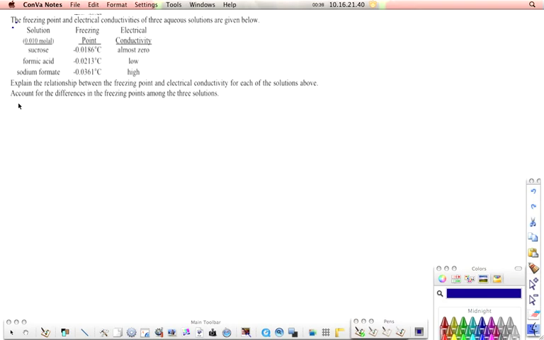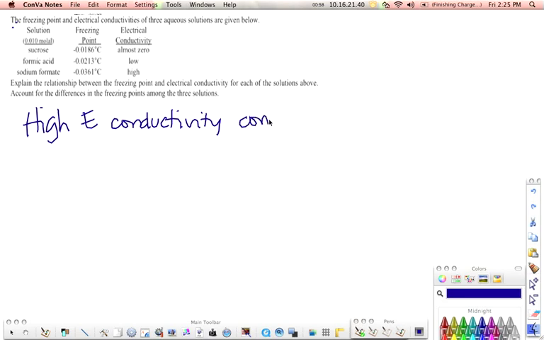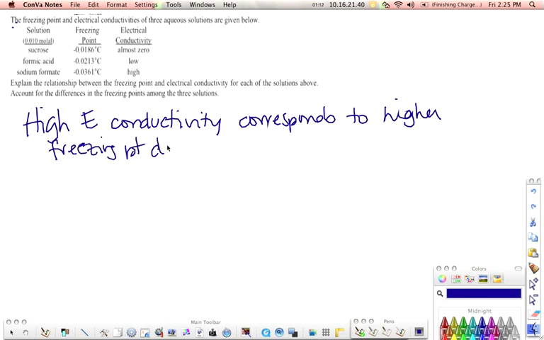So the reason that these guys have these different freezing points and these different electrical conductivities is because electrical conductivity corresponds to higher freezing point depressions, which I'm just going to abbreviate from here on out as FPD.